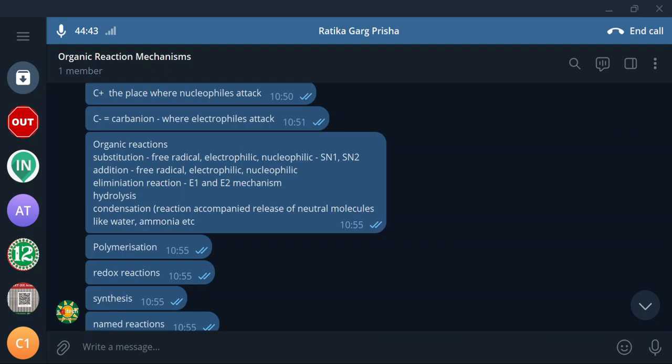I will properly explain when I discuss elimination reaction in detail. So an existing atom is removed from the substrate, and that is called elimination reaction. To start with, you should know at least this. Elimination means removal: some atom is removed, and how it is removed is the mechanism.